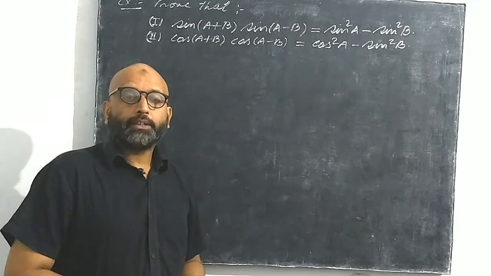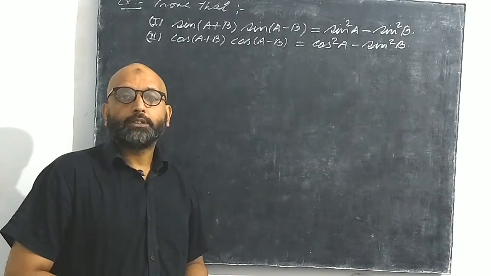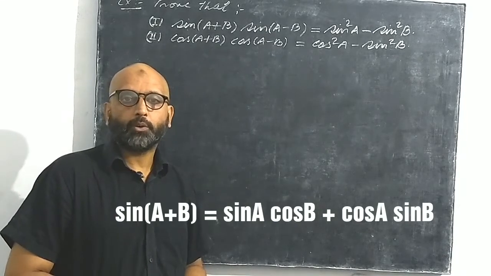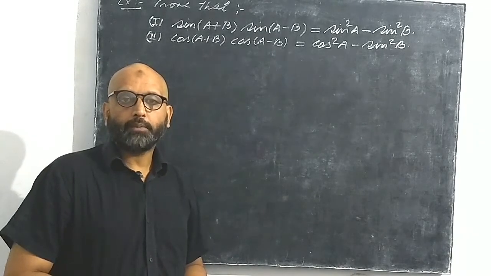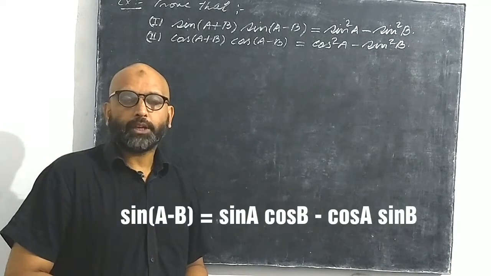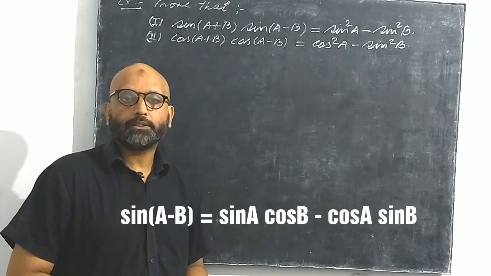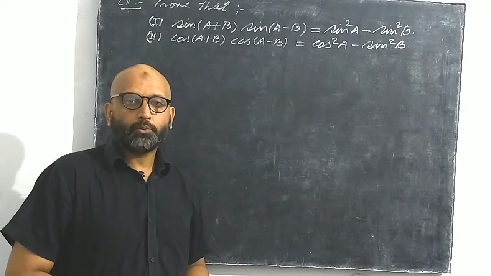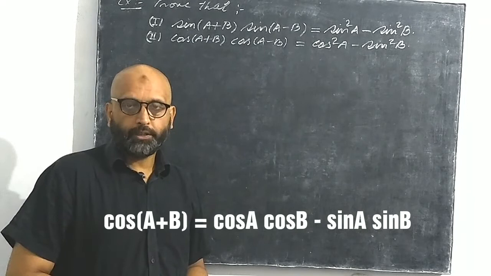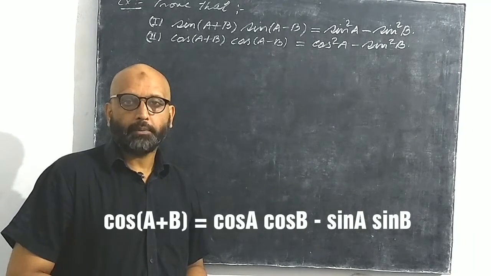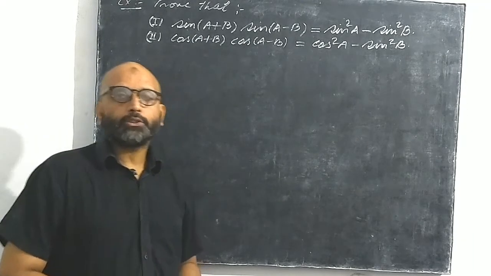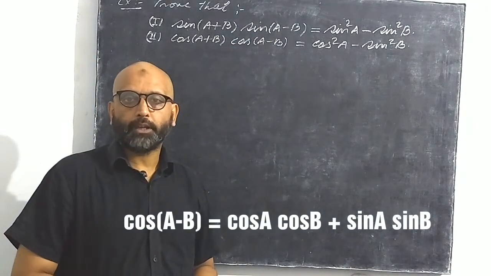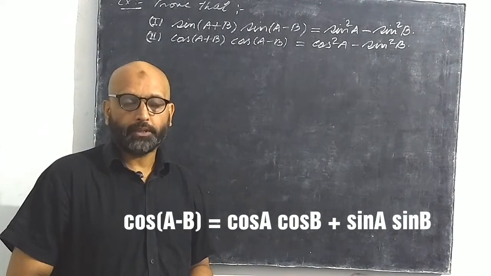Addition and subtraction formulae in trigonometry are: sin(A+B) is equal to sin A cos B plus cos A sin B. sin(A−B) is equal to sin A cos B minus cos A sin B. cos(A+B) is equal to cos A cos B minus sin A sin B, and cos(A−B) is equal to cos A cos B plus sin A sin B.